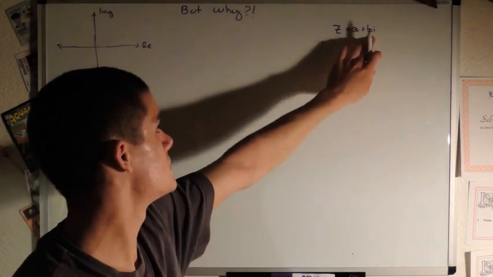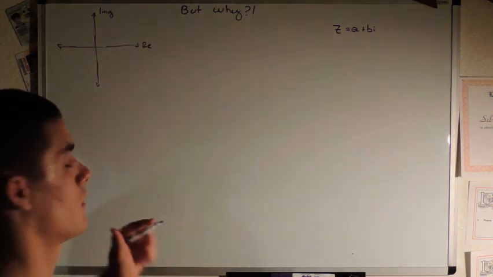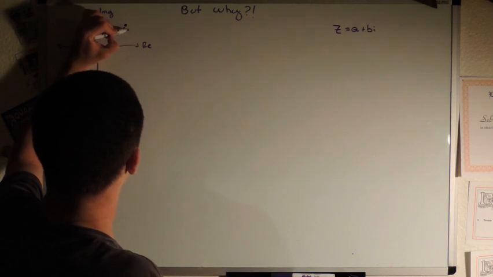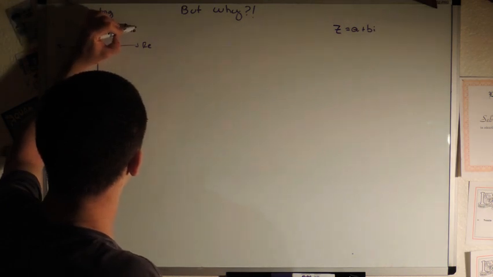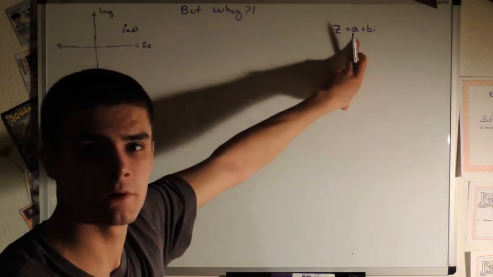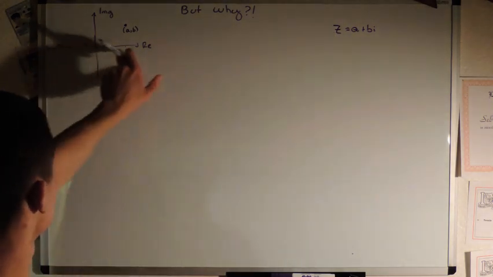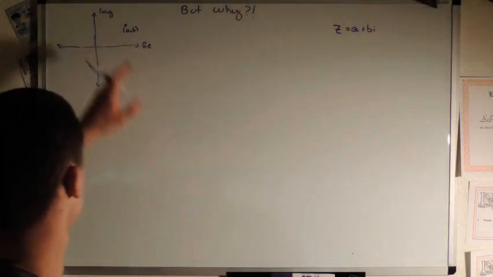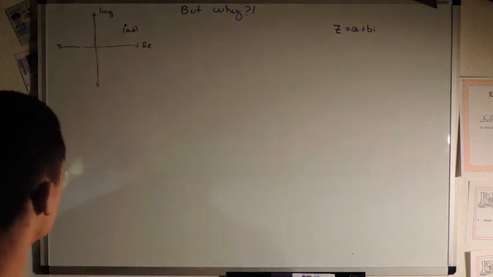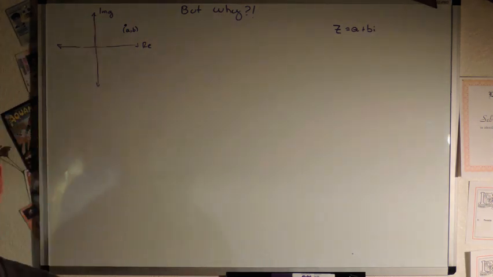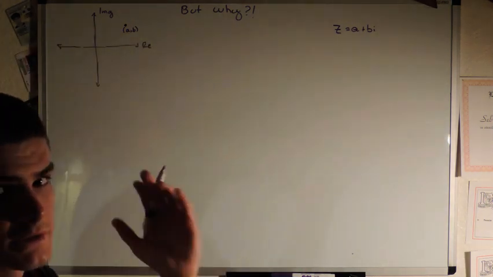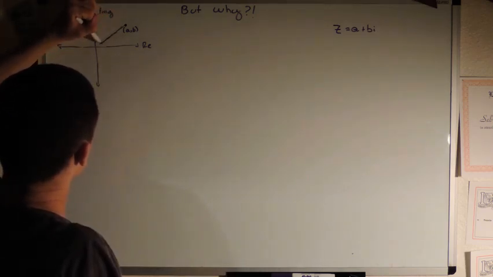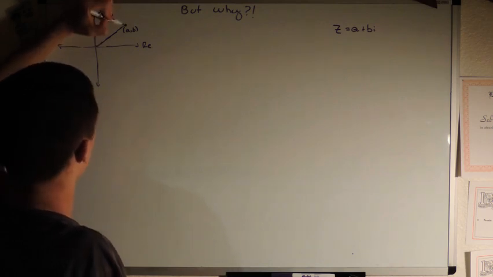Now I'm going to plot z on my plane, just a generic complex number. A is my real part, so it is x, and b is my imaginary, which is why it's on the vertical axis. Often you'll see complex numbers plotted as vectors, lines, like this.